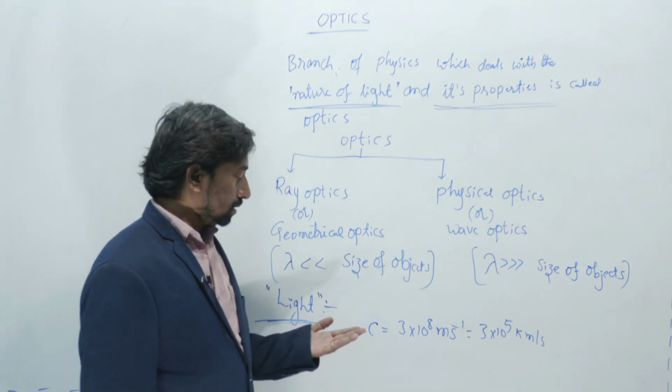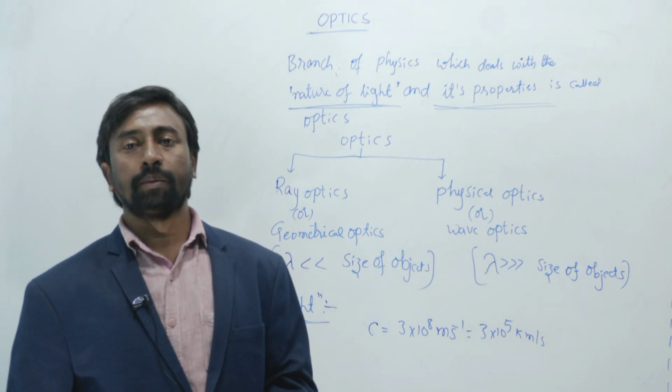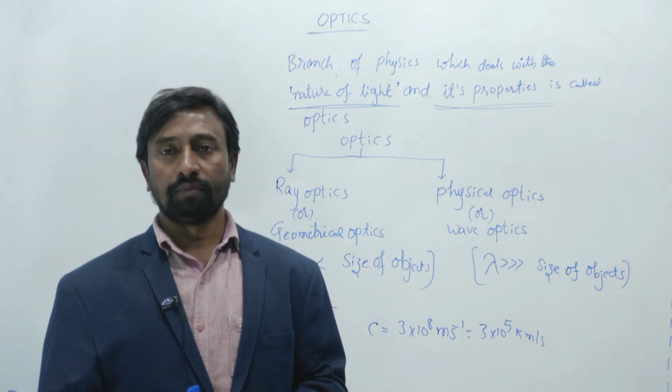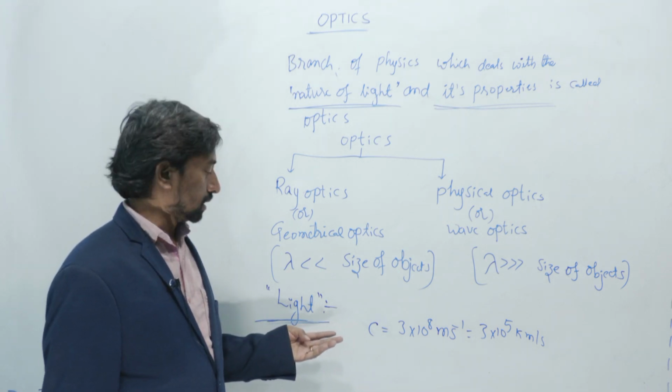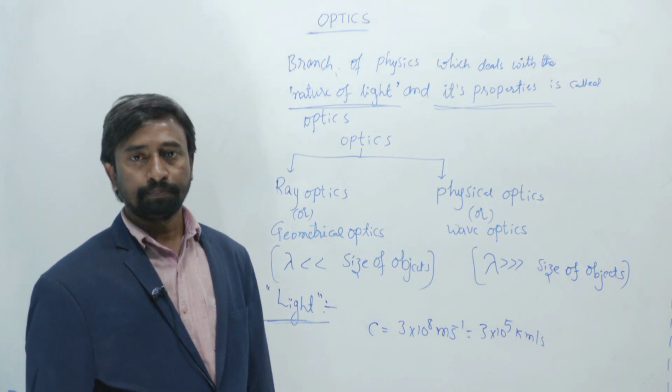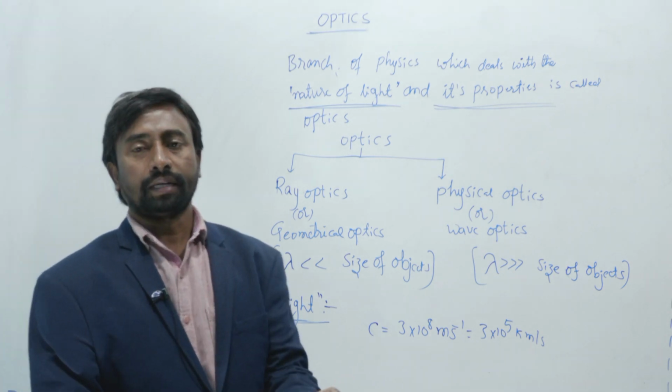Light in a homogeneous medium travels in a straight line path. That property of light is called the rectilinear property of light, which we will discuss in detail in the properties of light. Light is a form of energy which gives the sensation of sight or vision.